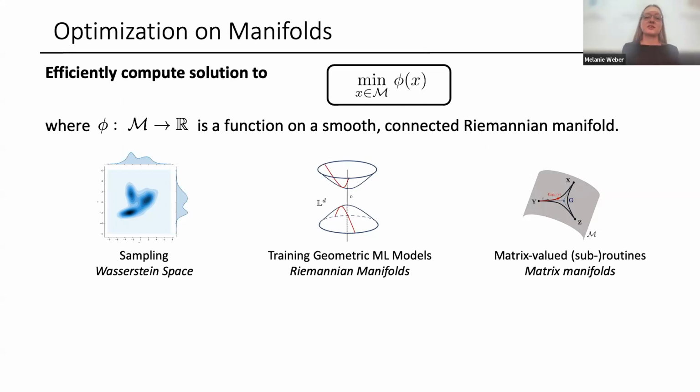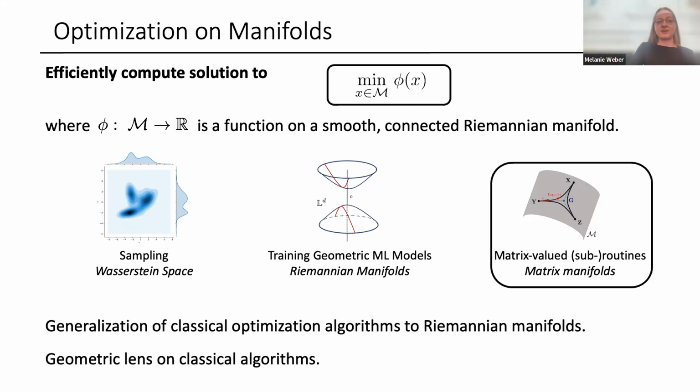Here we are interested in machine learning algorithms, or subroutines in classical machine learning algorithms, that involve matrix valued functions. We can often view these problems as an optimization problem on a matrix manifold, and that will lead to some algorithmic benefits that we will see in the talk.